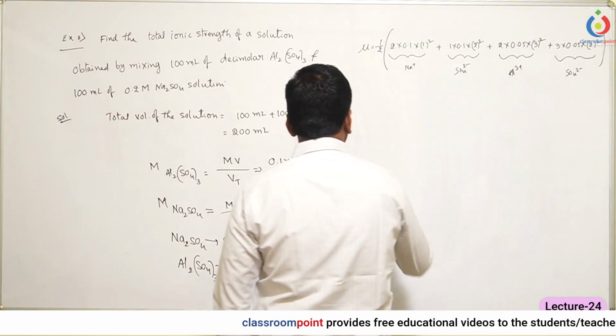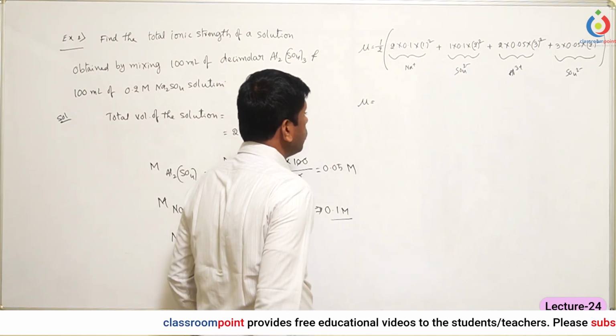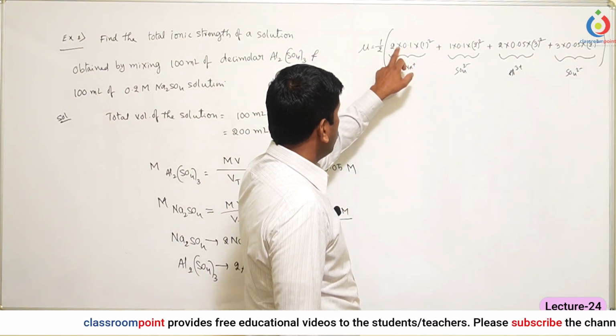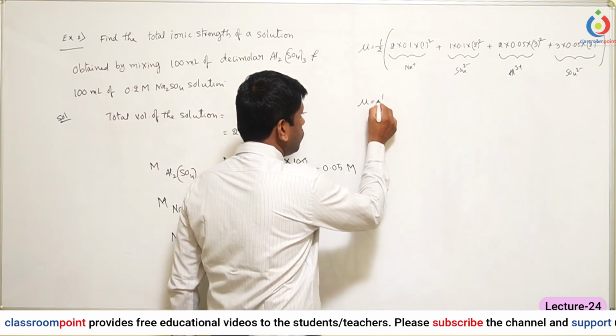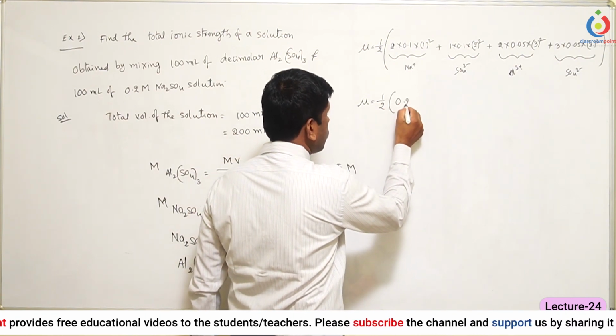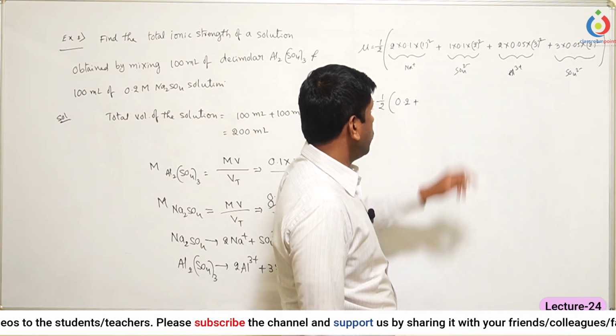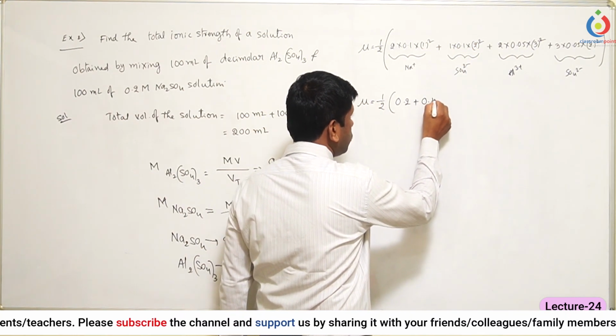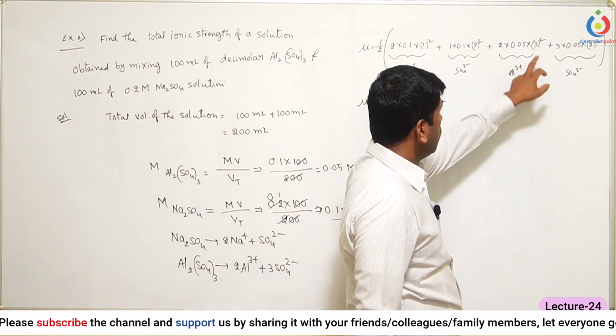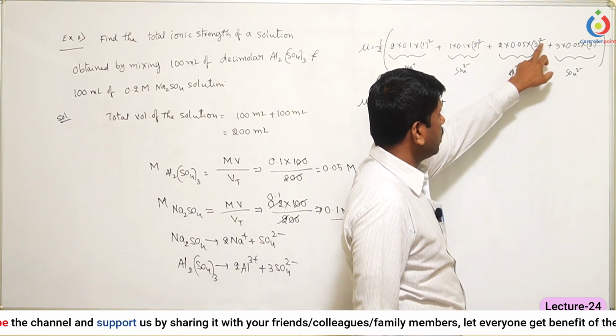Now let us try to simplify this one. Mu equals to 0.1 into 2, that value equals to 0.2 plus 2 square means 4. 4 into 0.1, 0.4 plus this is 3 square means 9.